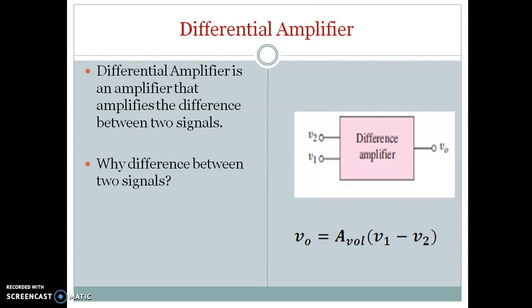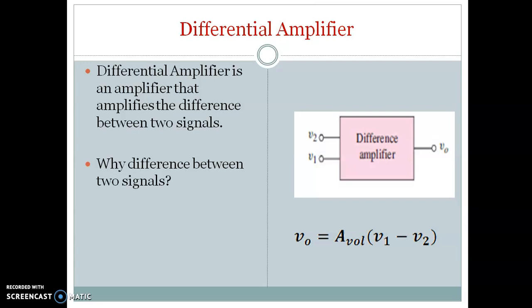So far we have learned many amplifiers where we give one signal as the input and that is amplified. But here it will amplify the difference between two signals. So what sort of scenario could that be?